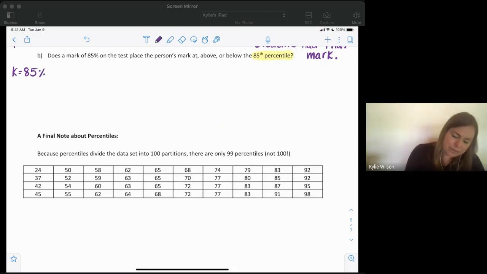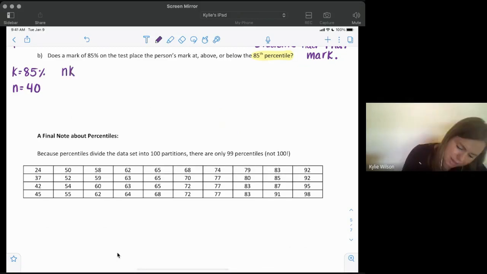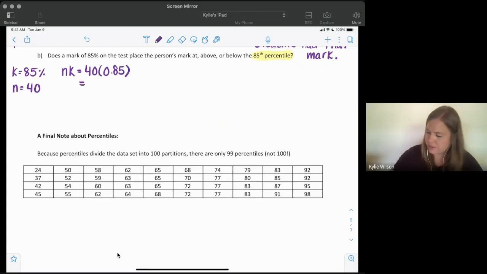And then we still need N, our number of data points, and we still have 40 data points. That hasn't changed. Then we need to find NK to figure out which data point we're looking at. So we'll do 40 multiplied by 0.85, and that will give us 34.